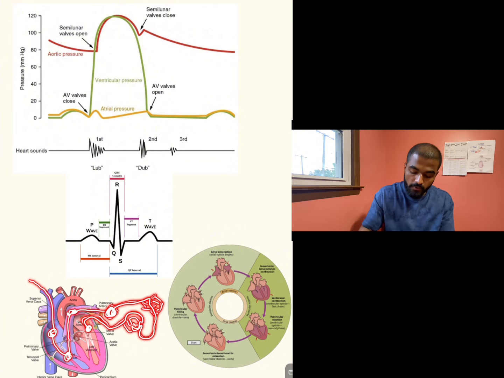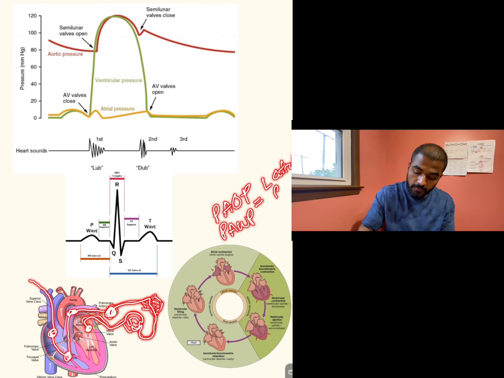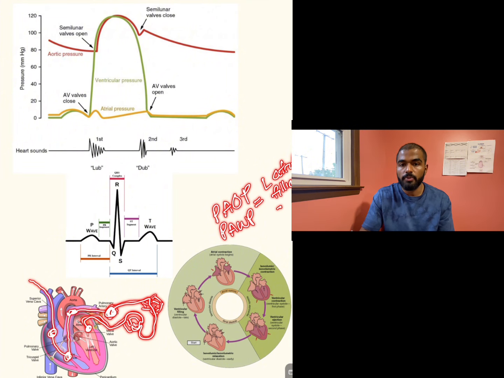So the pulmonary artery occlusive pressure, or pulmonary artery wedge pressure, is going to be equal to your left atrial filling pressure. However much pressure is in the left atrium is going to be represented by the pulmonary arterial occlusive pressure, PAOP.